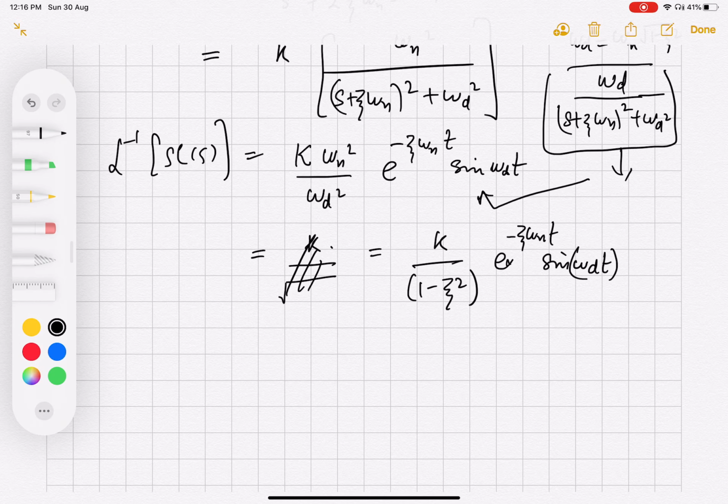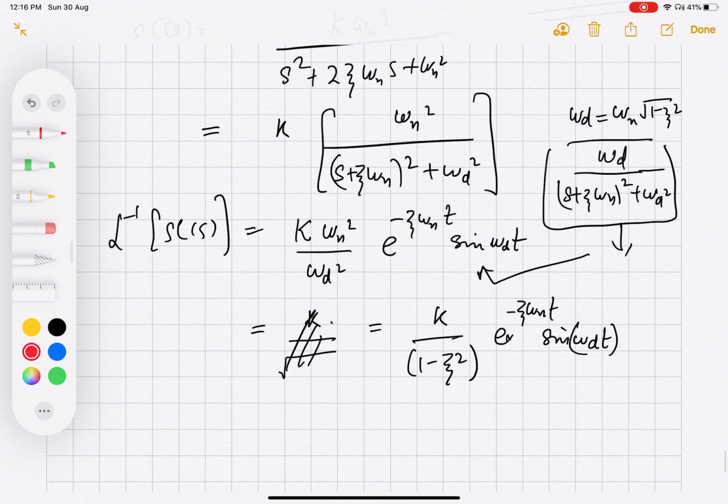Oh, there's one mistake here. You multiply and divide by omega d, so this is omega d here, and you don't have this expression.